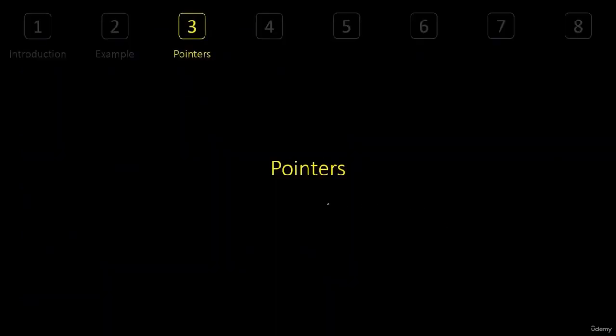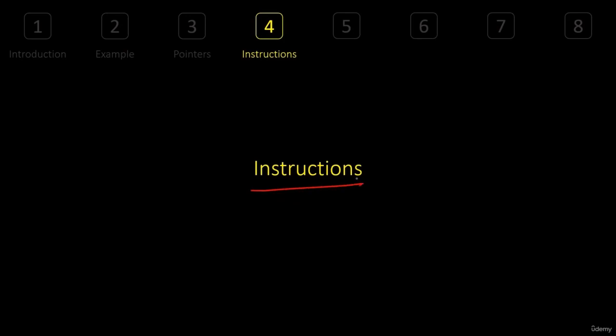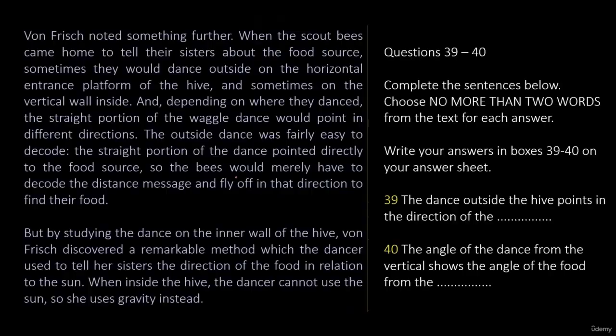But first, let's talk about the pointers, tips and tricks which can help you find the answer easily. Eventually, we'll talk about the answers. The first one is definitely the instructions. We have been repeating it 10 times or maybe more than that. The reason is, without the instructions, you might not understand the number of words which are required.